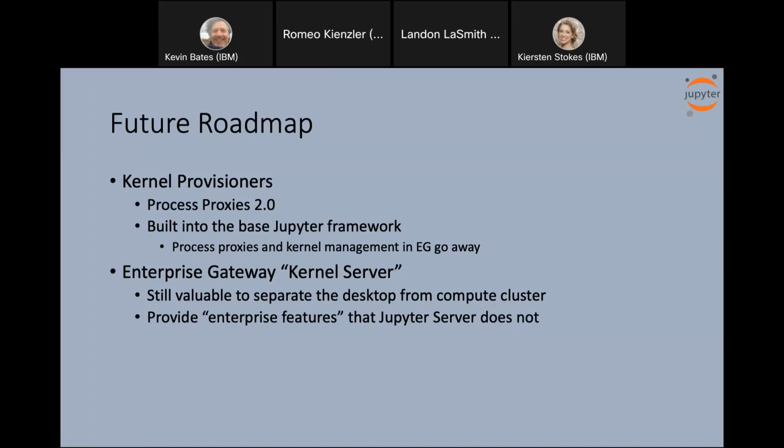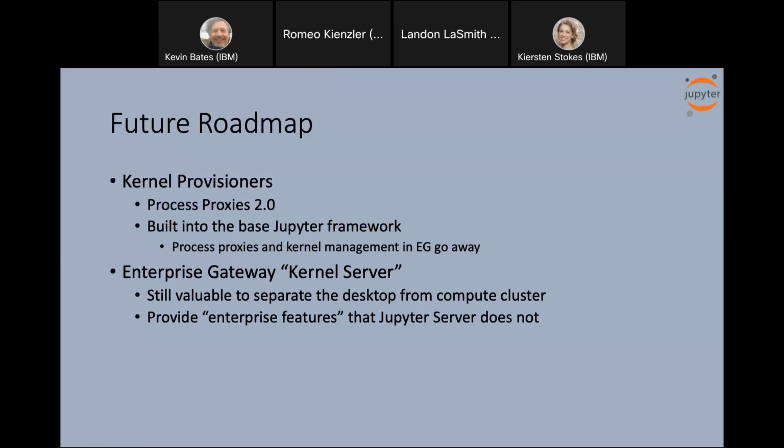But what you still need for at least these remote kinds of provisioners is you would need the notebook server or the Jupyter server to be also on the Kubernetes cluster running as a pod. For some, they still want their notebooks on their desktops and their server on their desktop.